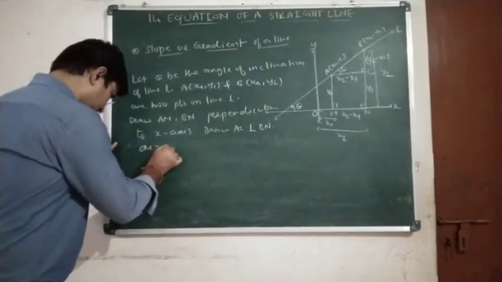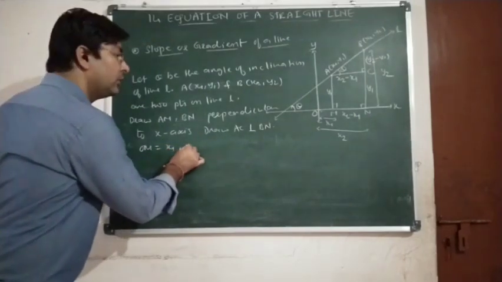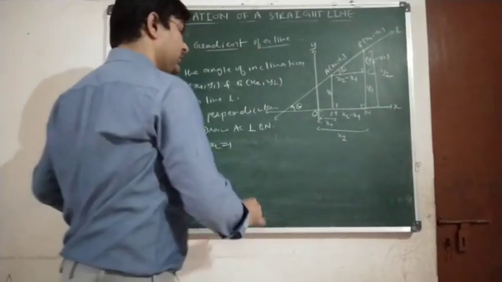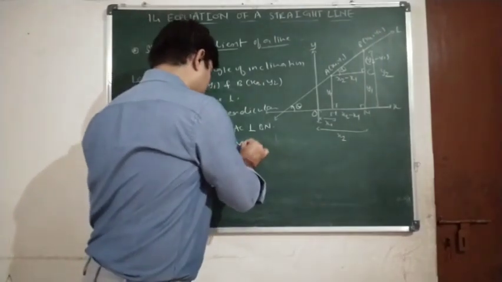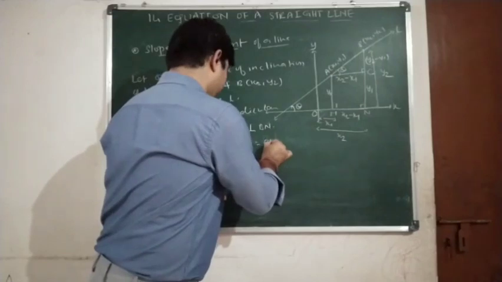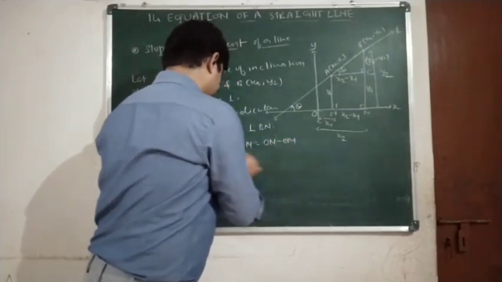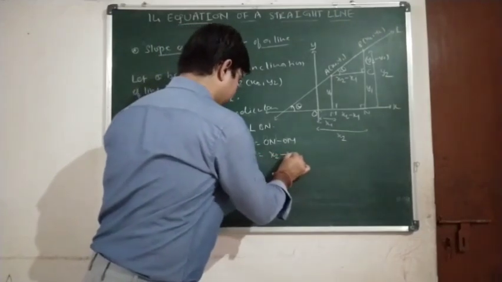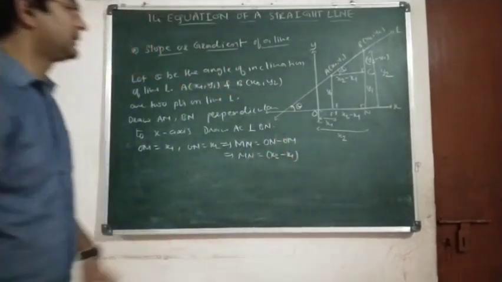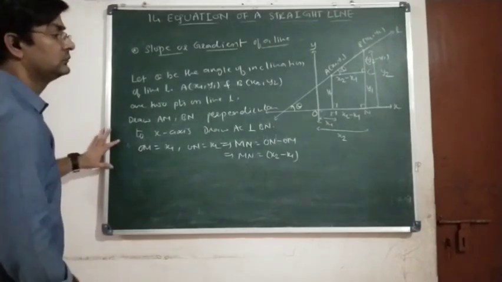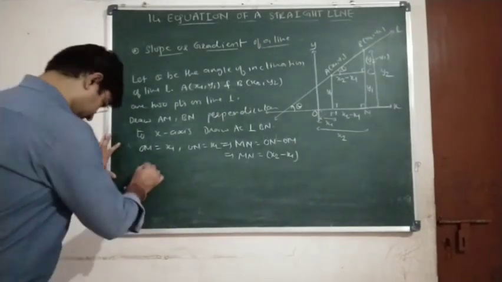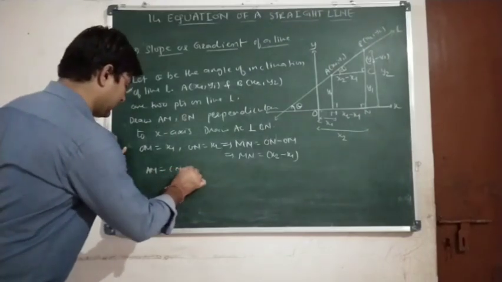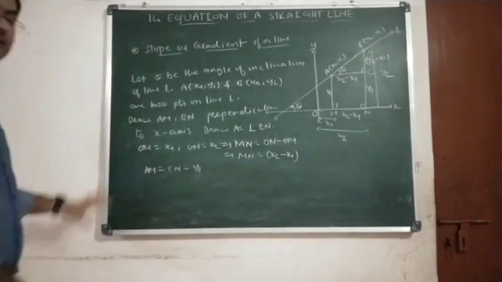Okay, let us write down length OM. OM is x1, ON is x2, and therefore MN will be ON minus OM, and therefore MN is x2 minus x1. Similarly, AM is equal to CN is equal to y1.